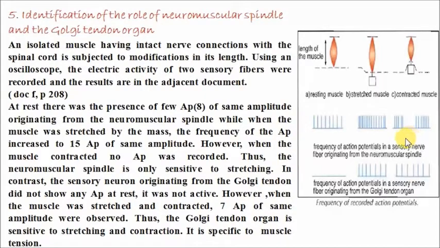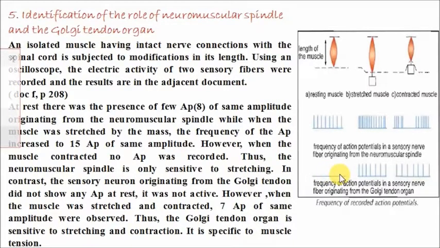Now, we go to the last recording here, where we're going to observe that in contrast, the sensory neuron coming from the Golgi tendon organ showed no action potential at rest at all. It was not active.